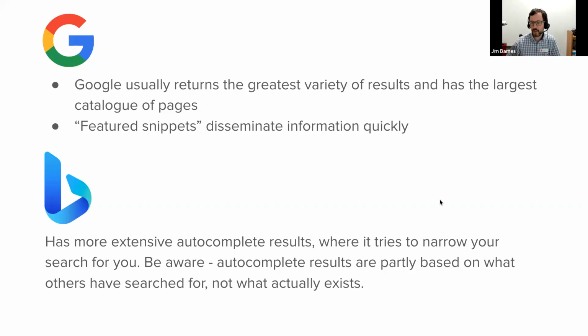And I have noticed that a little bit on Windows computers, and I'll show you what that looks like. So it tries to narrow your search for you based on what other people have searched for. And Google does this too, but Bing seems to do it a little bit more.